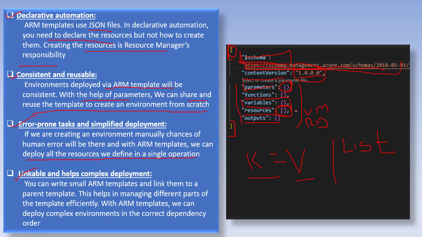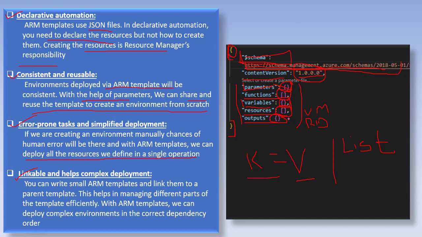No. The VM, the virtual network, the subnet, the public IP, the disk, the OS. How many things I'm talking about? It's a list of resources. It's not just one. So that's why you see this has a bracket. Wherever you see curly braces, it's a dictionary. Wherever you see this bracket, this is a list.